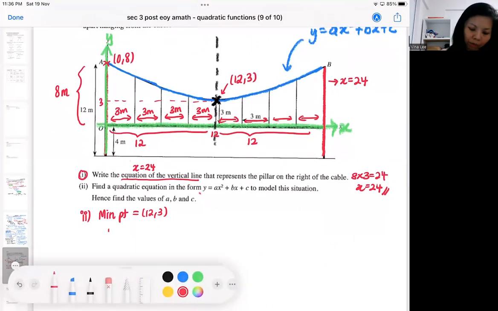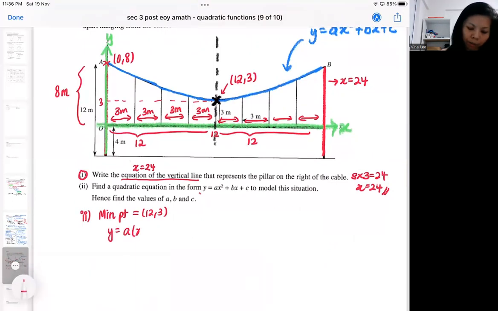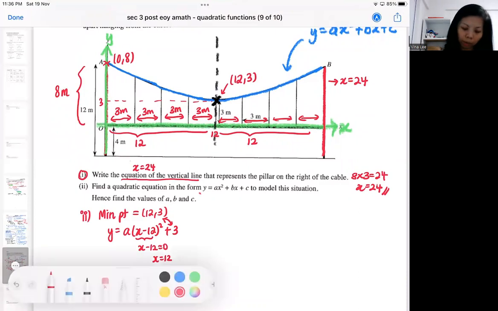Then I should expect the function to look like this. Remember, this is the minimum value, the lowest value. And when you do x minus 12 equal to 0, you get 12. So that will be the format.